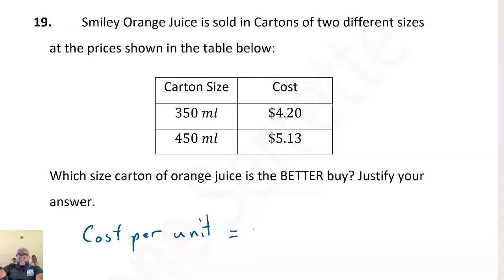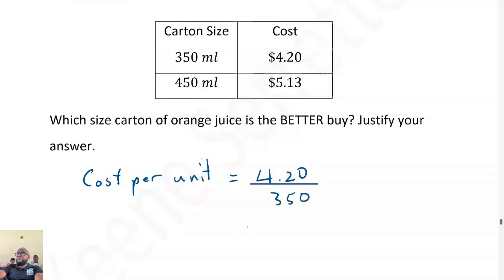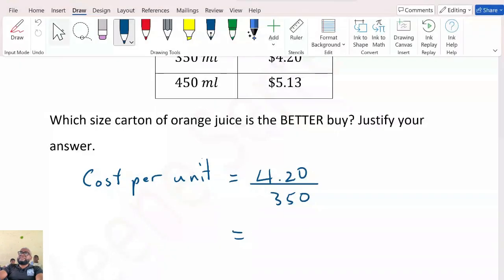So for the cost per unit, meaning per milliliter, it will be 4.20 divided by 350. How much money is it per milliliter there? You'll get some cents.